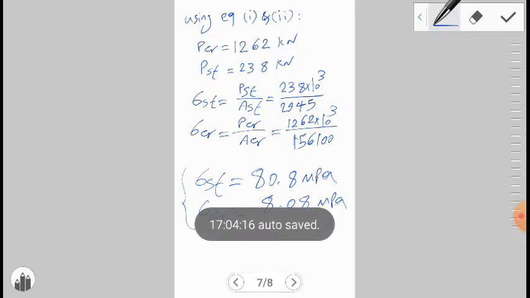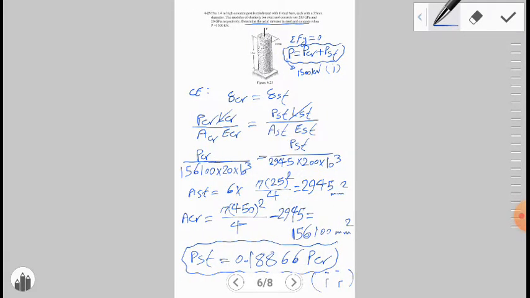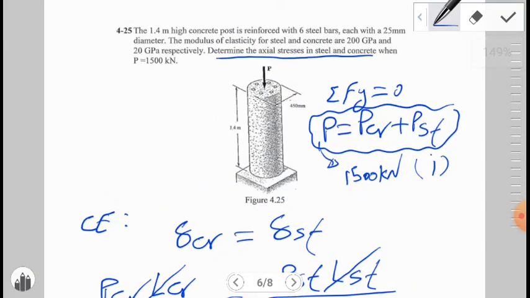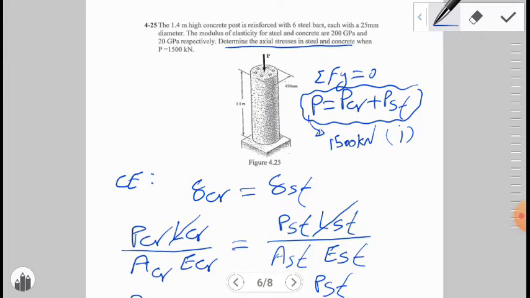Now again we review the question. The question was to determine the axial stress in steel and concrete. We have the composite member. It is made of steel and concrete. For finding the stresses in each material, we need to write the famous equation, sigma is equal to P over A. And for finding the internal forces generated inside the concrete and steel, we need to write at the beginning the equation of equilibrium, sigma Fy is equal to 0.